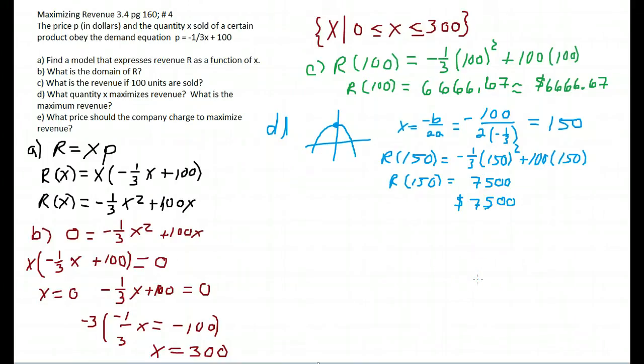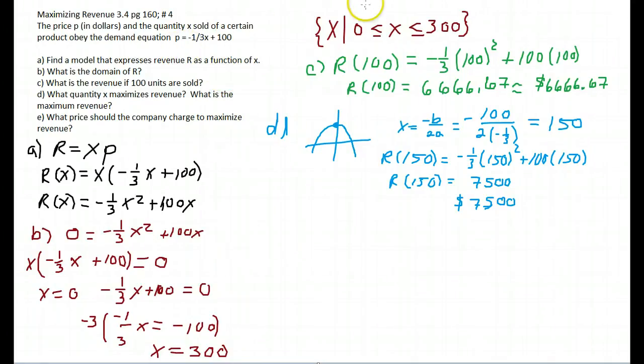And last, we need to do part E. What price should the company charge to maximize revenue? Well, if we want to get the maximum revenue, that means we need to put the value of x at the vertex in the original equation for p.